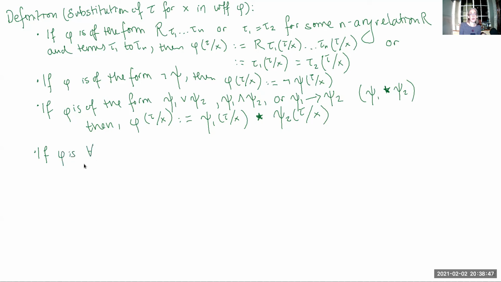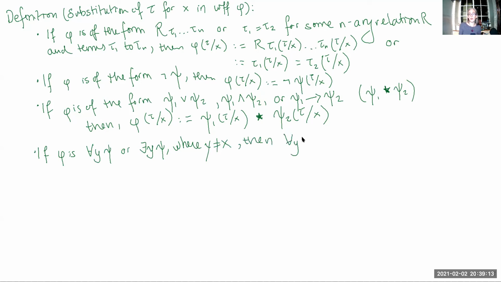So if phi is for all y psi or exists y psi, and in this case y doesn't equal x, because remember we are substituting in for x. So if we're looking at another variable, then essentially nothing changes.